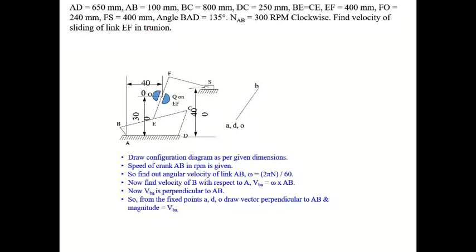We have to find the velocity of the sliding link of link EF in the trunnion. That is the question. First we have to draw the space diagram.